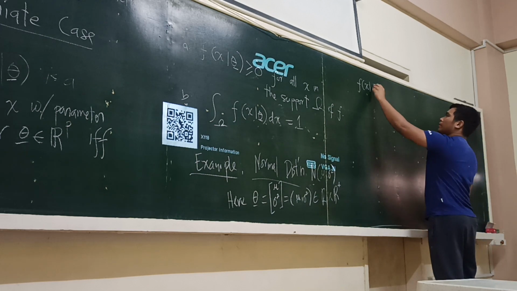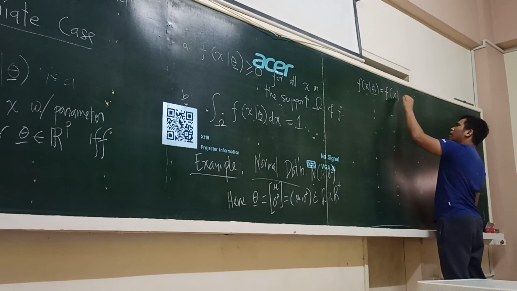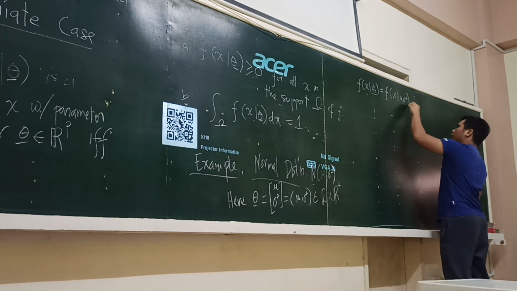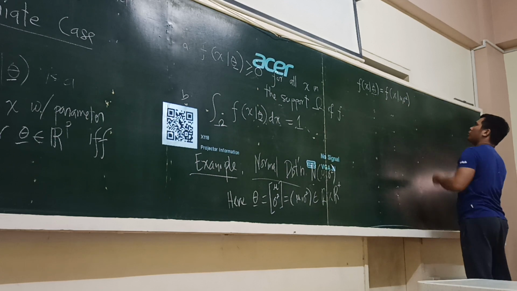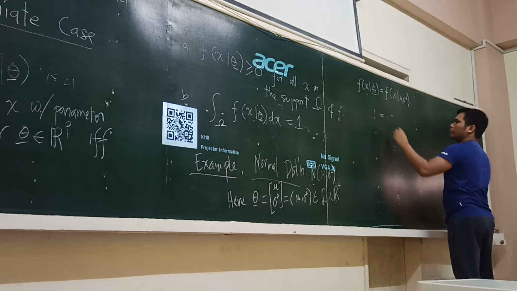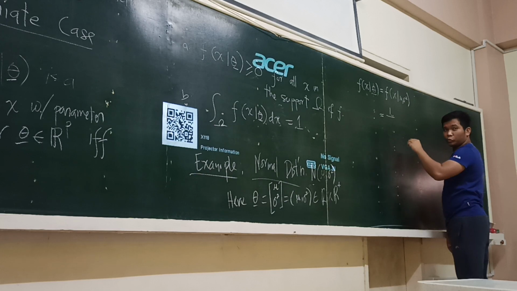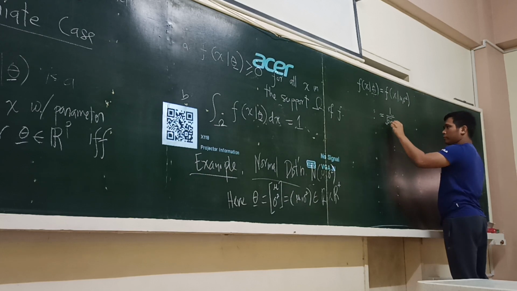So f(x; theta) can now be written as f(x; mu, sigma squared) is equal to 1 over the square root of 2 pi sigma squared.